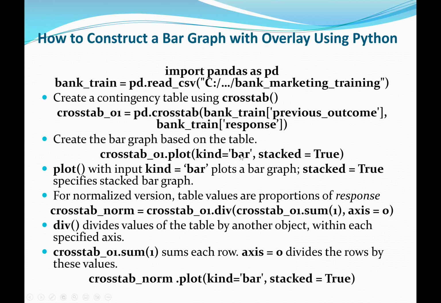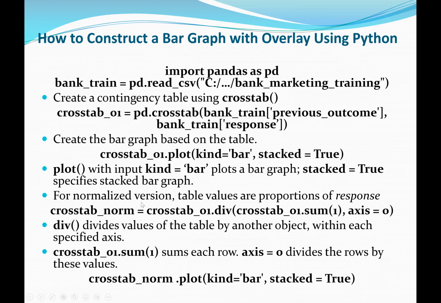So we say kind equal to bar. Also this bar graph is a stacked bar graph, so stacked equal to True. The plot function with input kind equal to bar will plot a bar graph for us, and stacked equal to True will specify that the bar graph is a stacked bar graph.